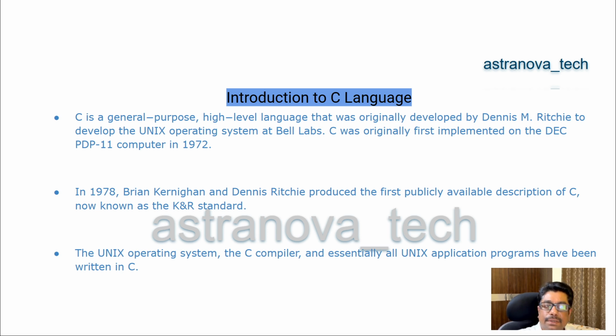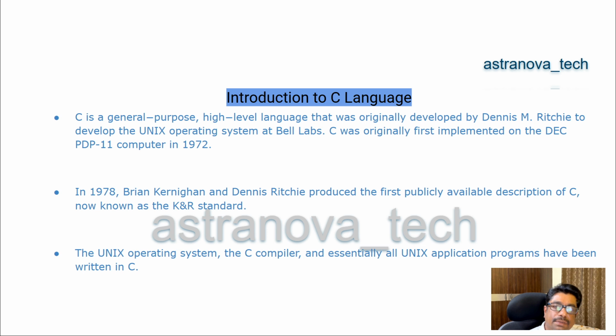C is a general purpose high level language that was originally developed by Dennis M. Ritchie. This was developed for the Unix operating system's own development. It was developed by Dennis Ritchie in Bell Labs.